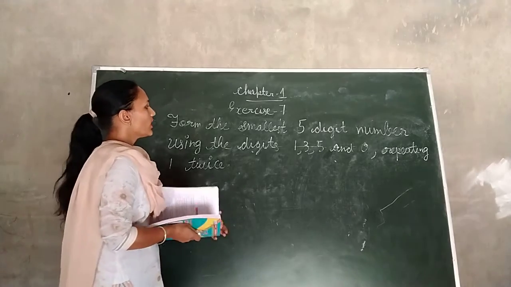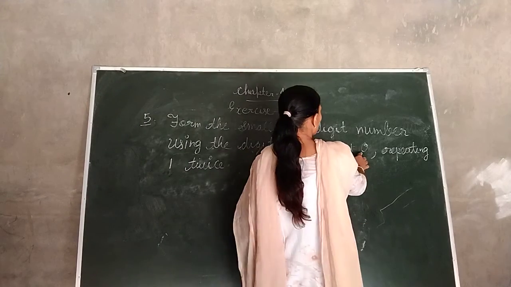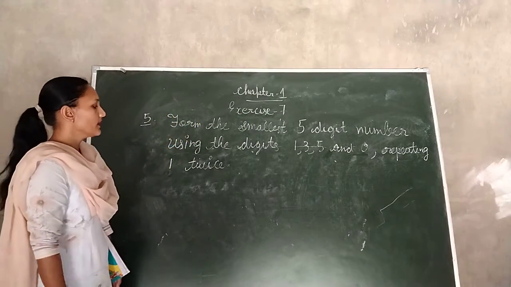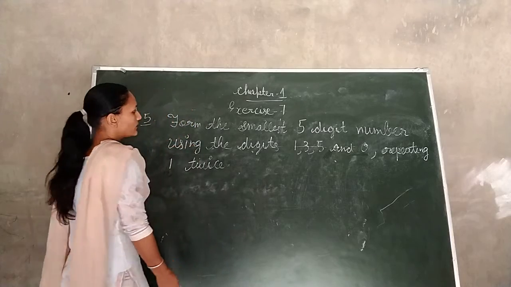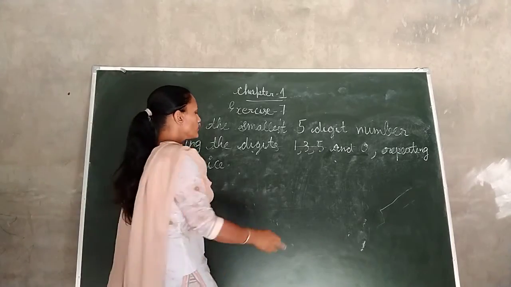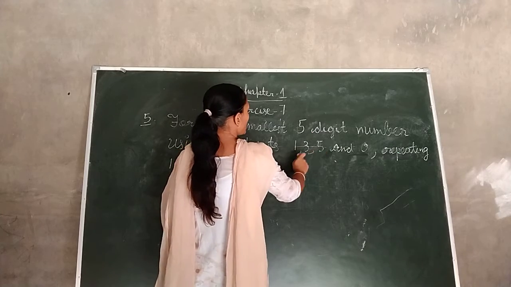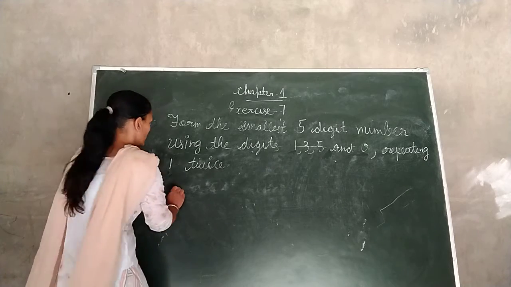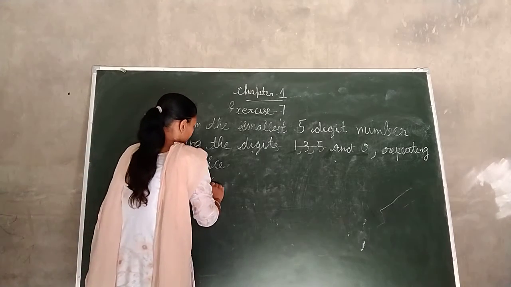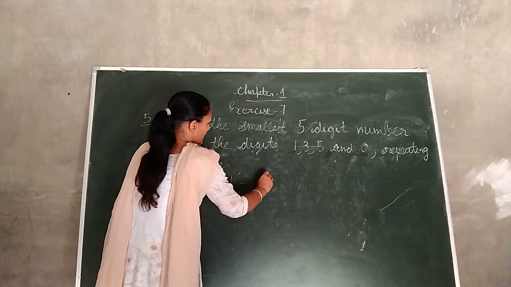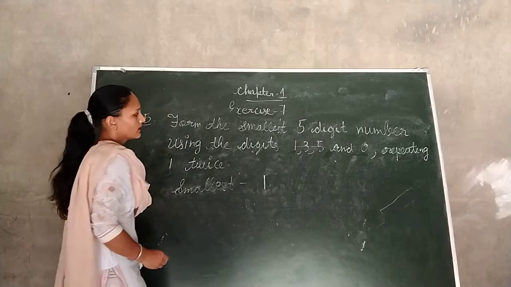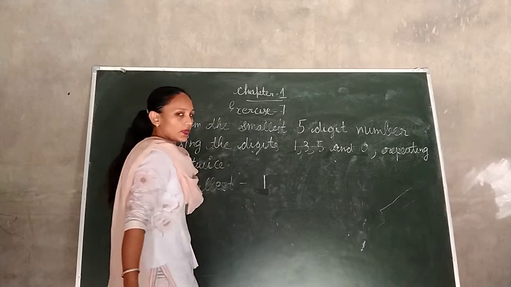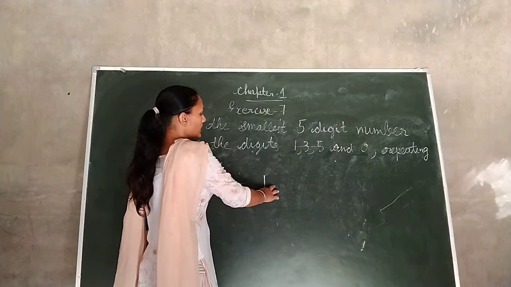When we have to make the smallest number, here we have 0, so we can't use it as the starting digit. We will insert it in the second place from the left side. And after that, we have to find the smallest among these 3 numbers. 1 is the smallest among these 3 numbers. So we will write 1 as the starting number, and after that we have to insert 0 at the second place from the left.